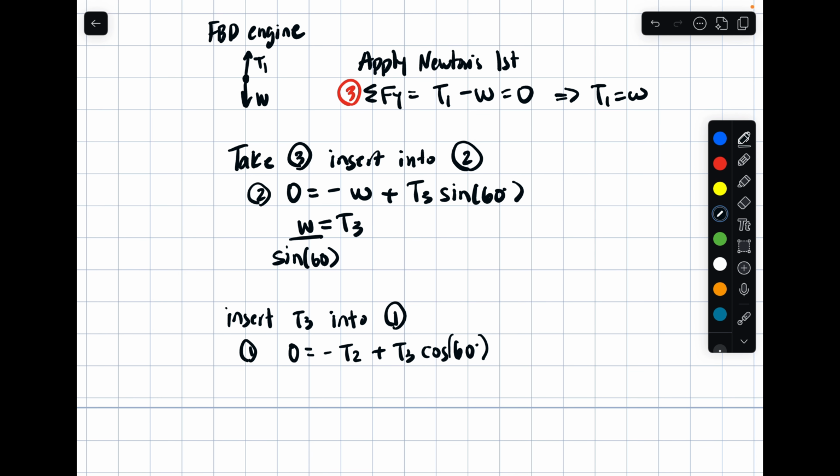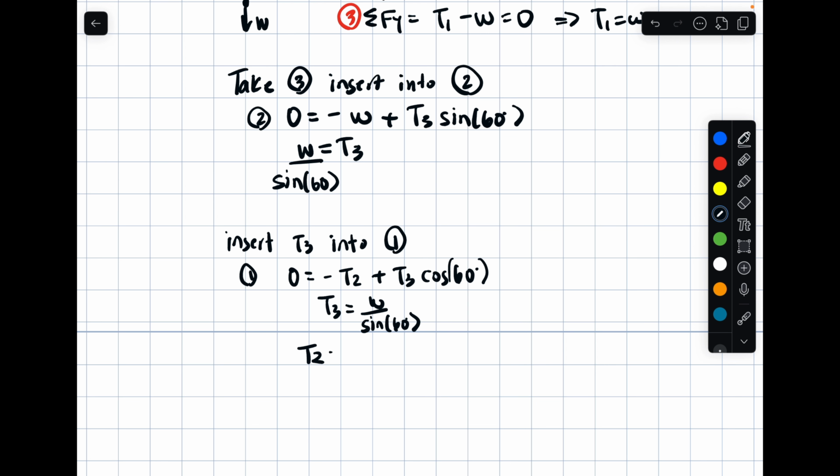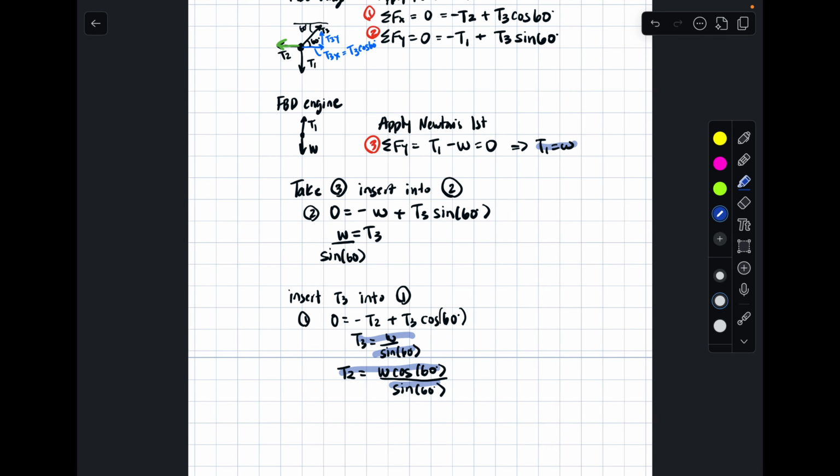And we know that T3 equals W over sine 60. So now we substitute and we see that T2 is going to equal W cosine 60 over sine 60. So now we have all three tensions in terms of W: T2, T3, T1.